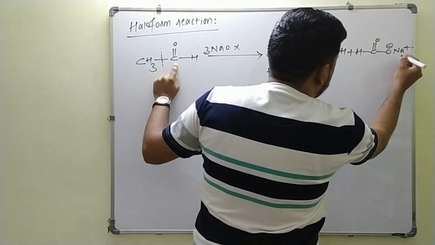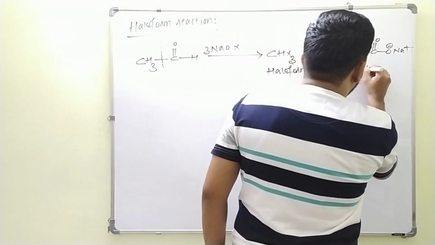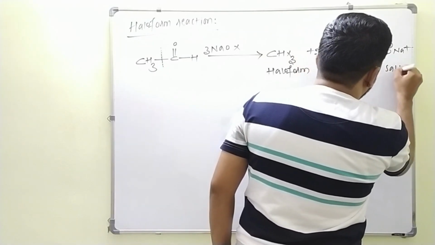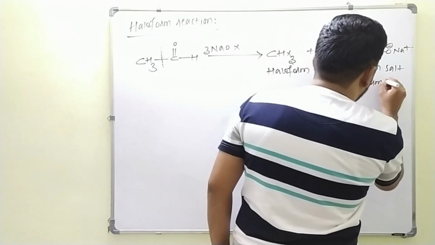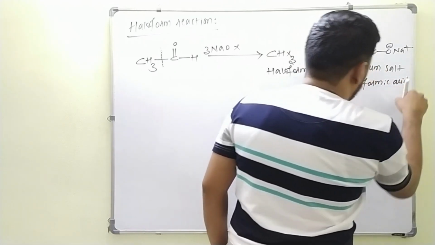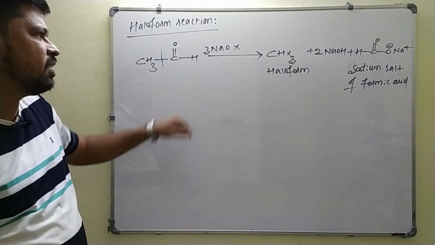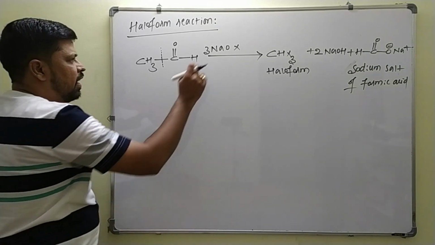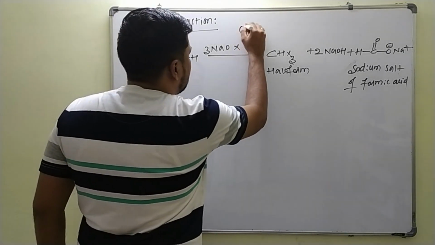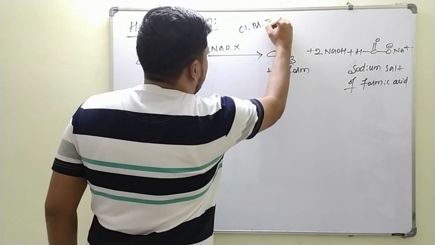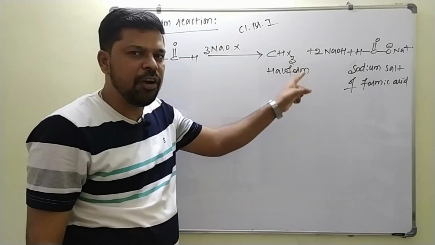This is the sodium salt of formic acid. This acid is having one carbon atom less than the original aldehyde here. Similarly, instead of X, you can use chlorine, bromine and iodine respectively. You will get chloroform, bromoform and iodoform here.